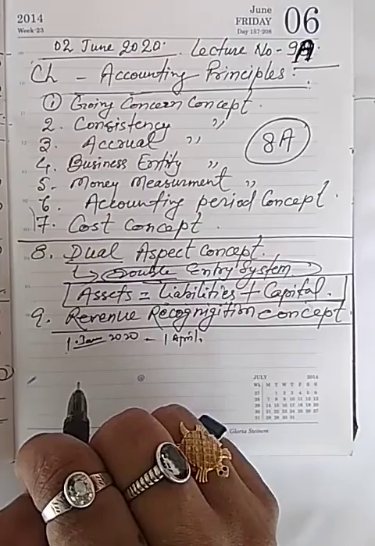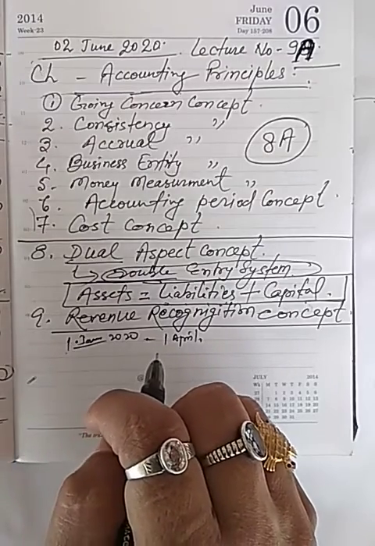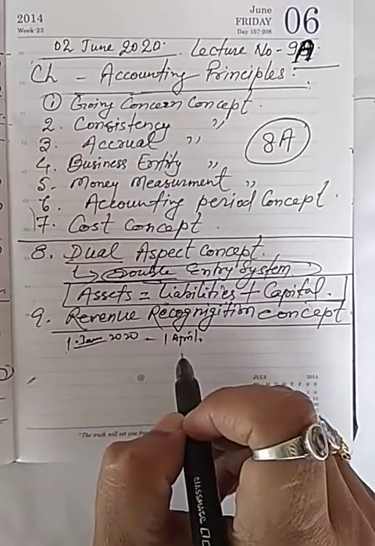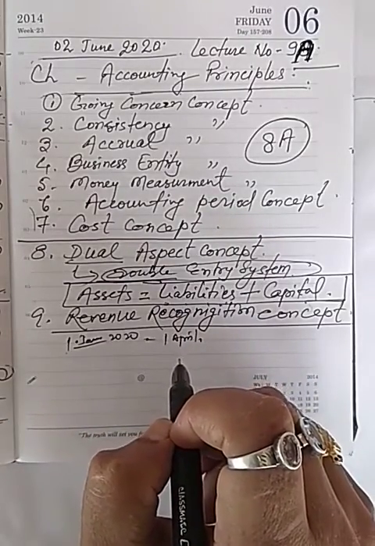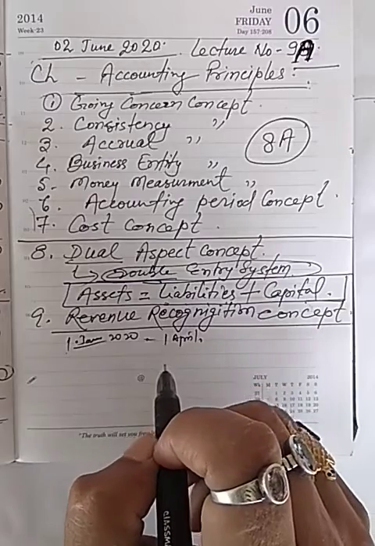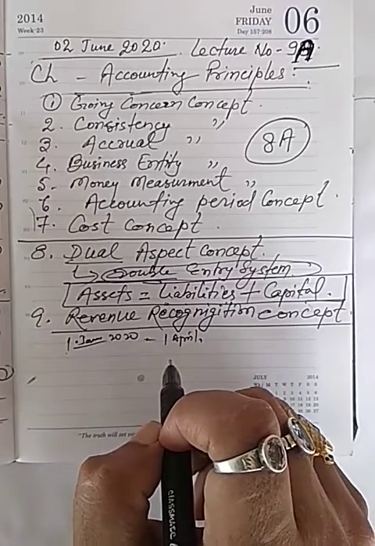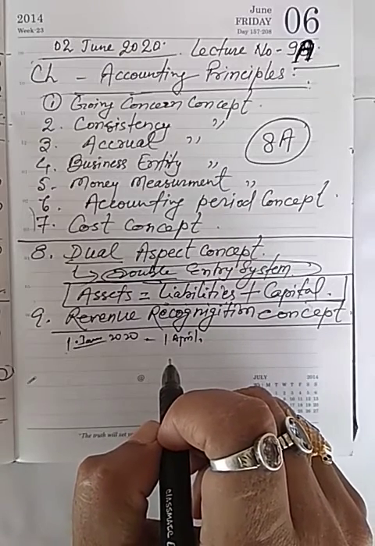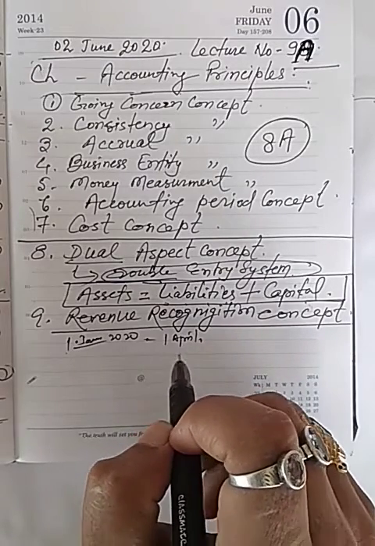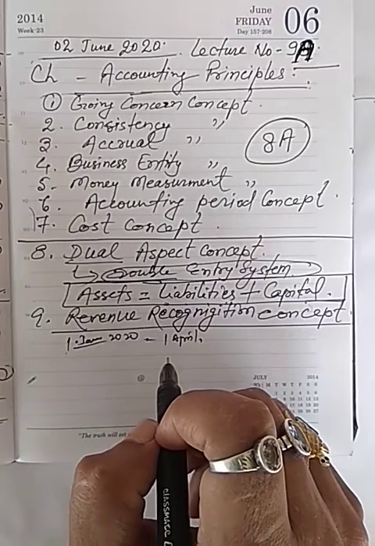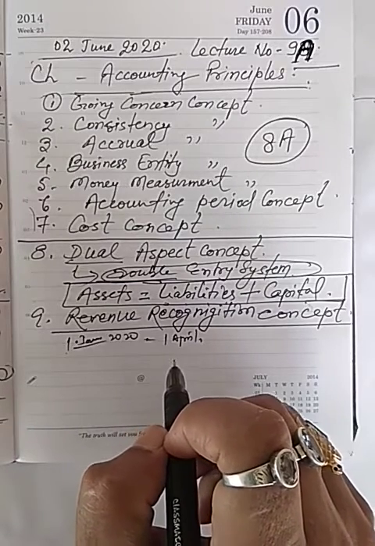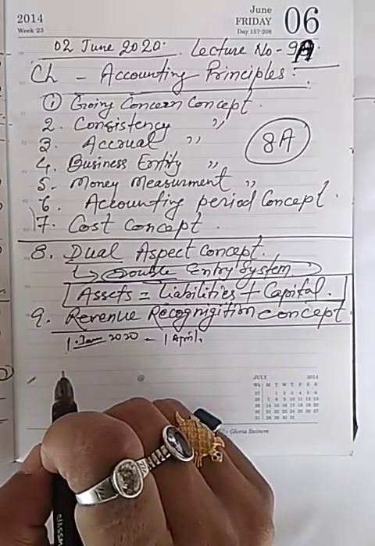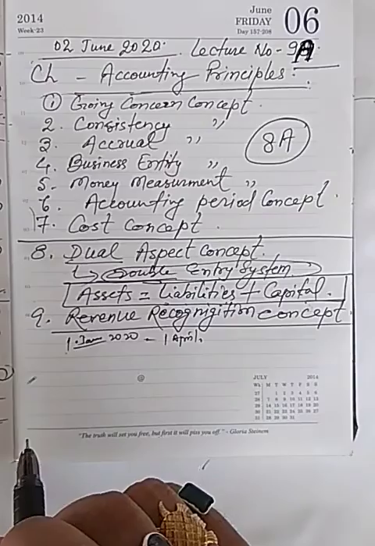So revenue in case of income such as rent, interest, commission, etc. is recognized on a time basis. For example, rent for the month of March, even if received in April, will be treated as revenue of the financial year ending March only.